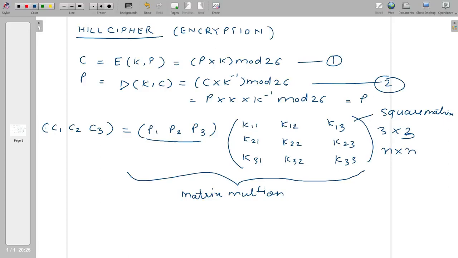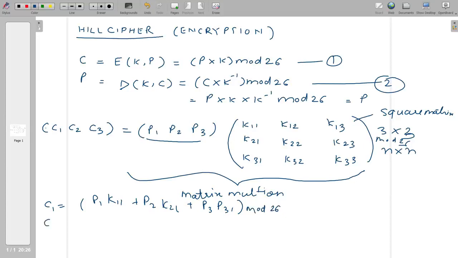When we talk about matrix multiplication, how do we do it? For C1, this row should be multiplied with this column and we take the sum. So it will be P1 K11 plus P2 K21 plus P3 K31. And just remember that all these operations are mod 26, so we can write mod 26 here.